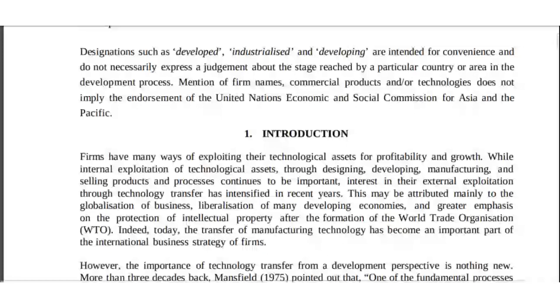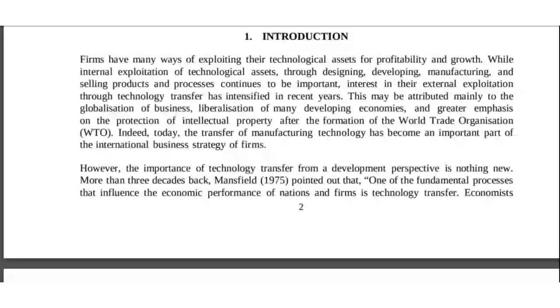This may be attributed mainly to the globalization of business, liberalization of many developing economies, and greater emphasis on the protection of intellectual property after the formation of the World Trade Organization, WTO. Indeed, today the transfer of manufacturing technology has become an important part of the international business strategy of firms. So that is an introduction.